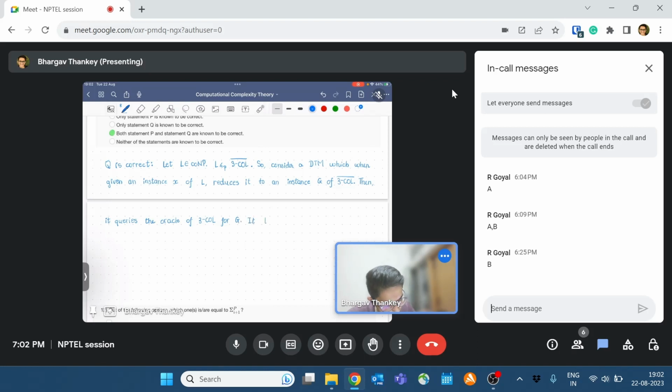If the oracle outputs zero, then the TM outputs one, and vice versa.